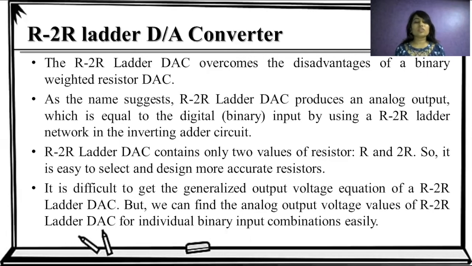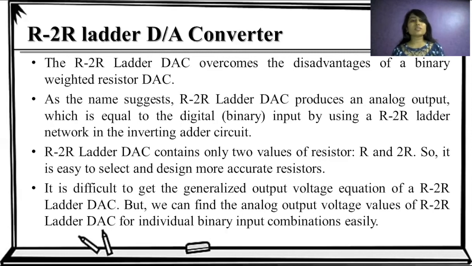We cannot get a generalized output voltage equation because there is a ladder network, and it is quite complex to deduce the expression for it. So here we can find the analog output voltage values for individual binary input combinations easily.